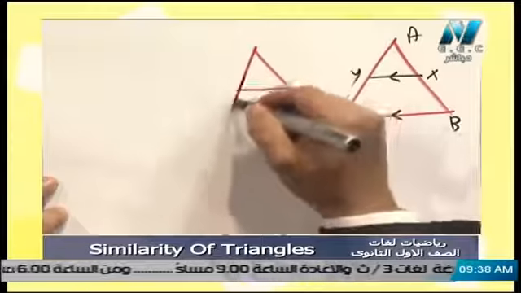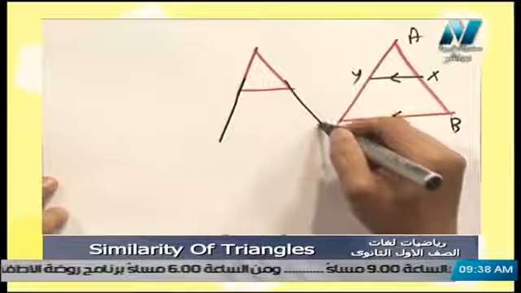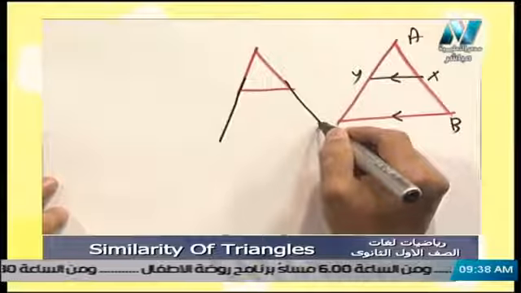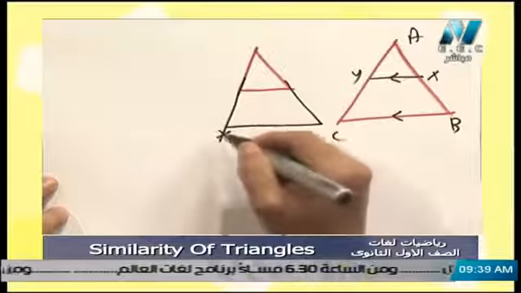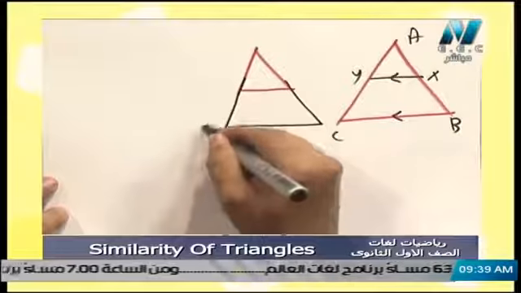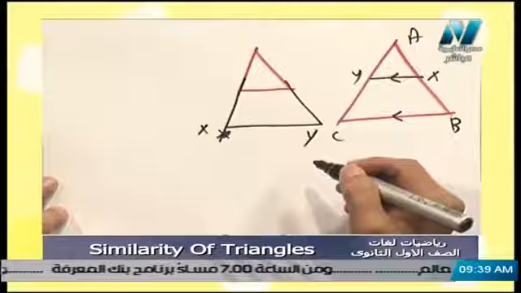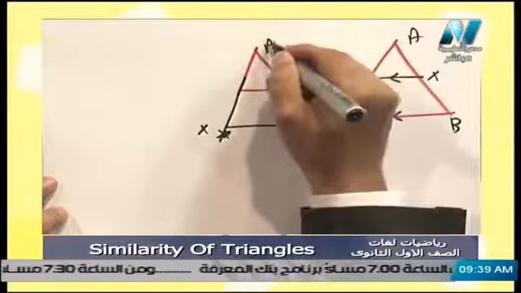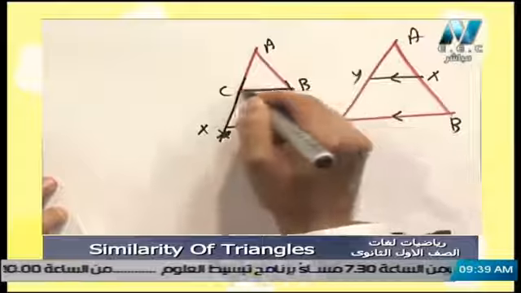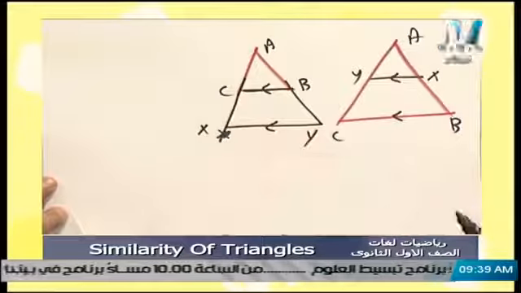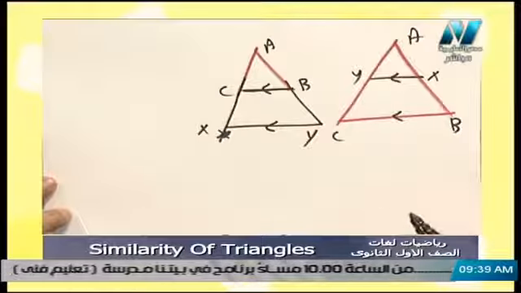Also we can have an expansion of the triangle, with XY and the original triangle ABC, and BC is parallel to XY.